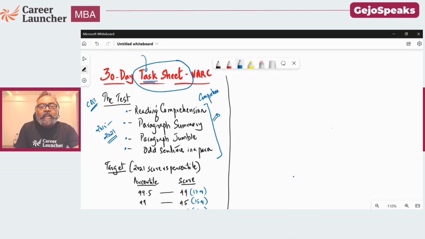Per se, this is not a test of your knowledge or prior knowledge, it's a test of comprehension, though a bit of knowledge about your vocabulary does play a role. Your grammar can play a role. For example, if you have a complex sentence, your knowledge of grammar in terms of identifying clauses, phrasal verbs, adjectives, adverbs, adverbial phrases can help you understand a sentence slightly better.